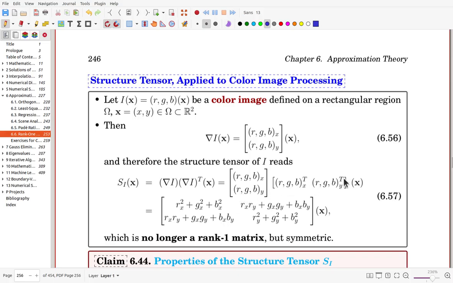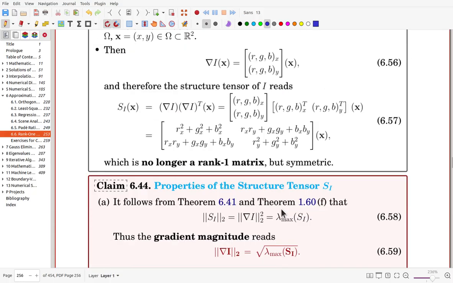So the structure tensor of color images is no longer a rank 1 matrix, but yet it is symmetric.